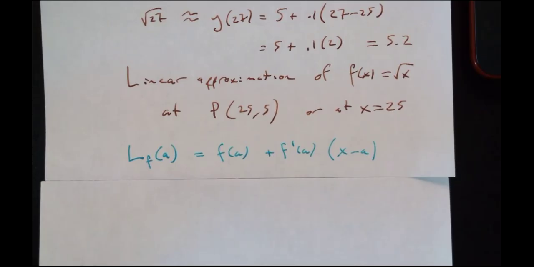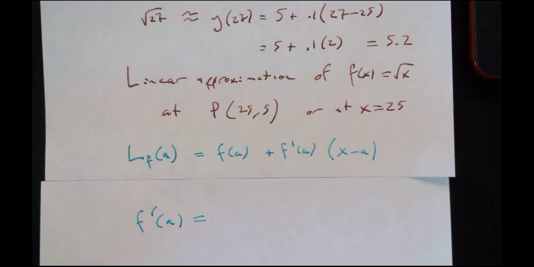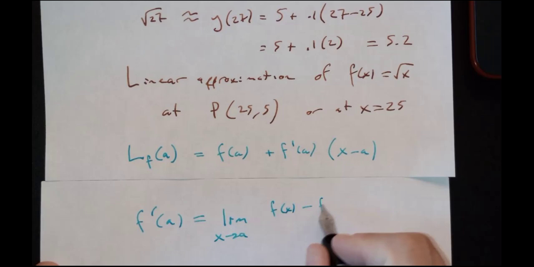Let me go back to the definition of derivative. What's the definition of derivative? f prime of A equals the limit definition. I know it's been a long time since we did it, we can do it anyway. Limit as x goes to A of f of x minus f of A over x minus A, right?